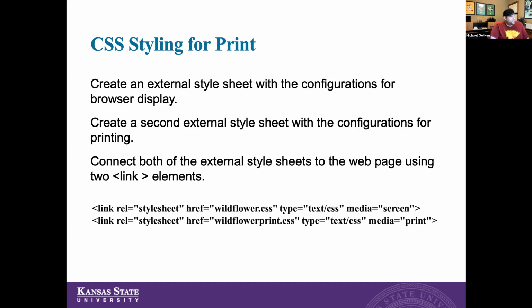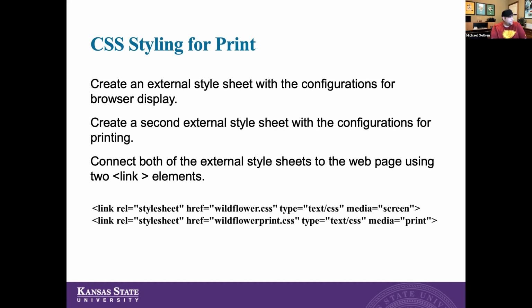Okay, so if they're on their computer and they want to print off the page, we can have a separate style sheet for printing. And the reason we do that is we can strip out some of the unnecessary elements of that page. So for example, a lot of times people don't need the navigation bars or anything like that when they're printing. They're primarily printing for the content that's on the page.